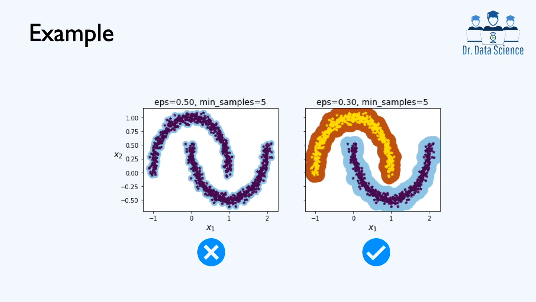But by choosing epsilon to be 0.3 on the right, we can correctly cluster the data into two groups, the blue cluster and the orange cluster. So that shows that epsilon is really important, and that's the main difficulty of using DBSCAN: finding the right epsilon neighborhood to identify core instances.